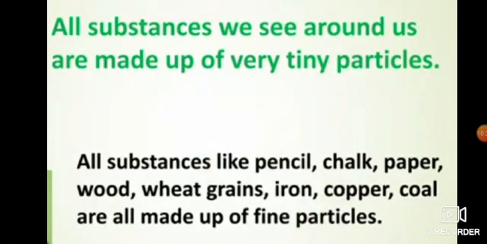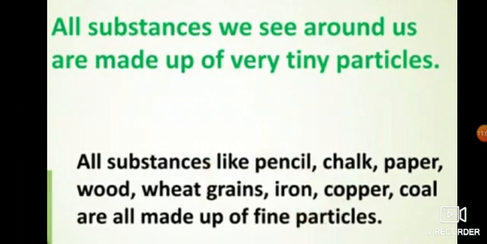Okay, so all substances we see around us are made up of very tiny particles. Whichever objects, substances we see around us in nature, they all are made of very tiny particles. Small, tiny means we are not able to see with our eyes.